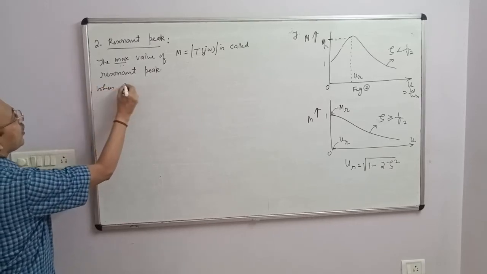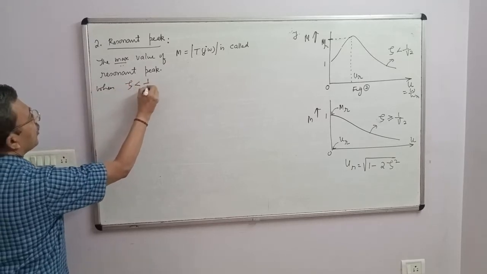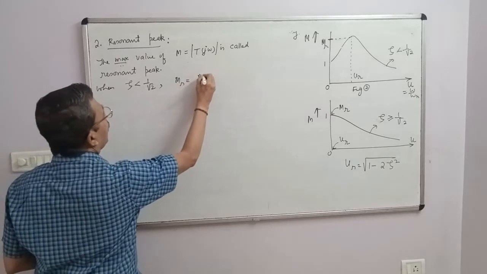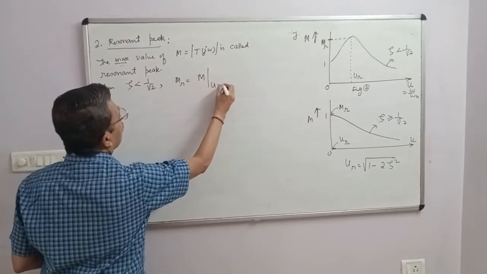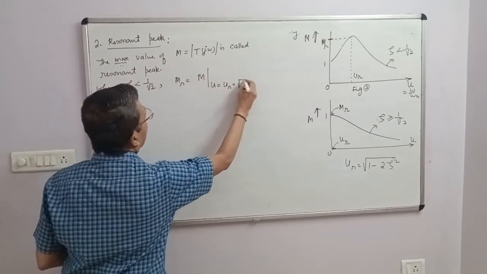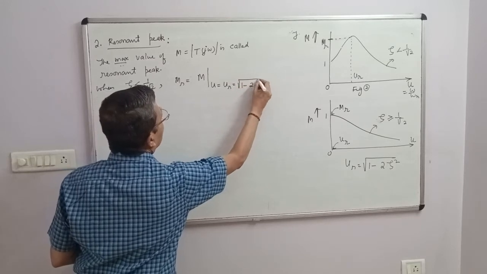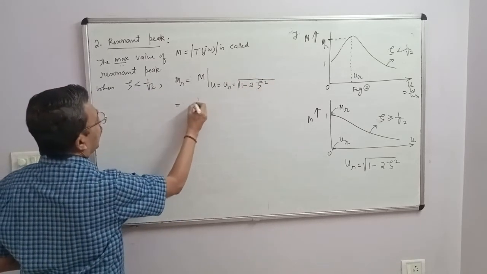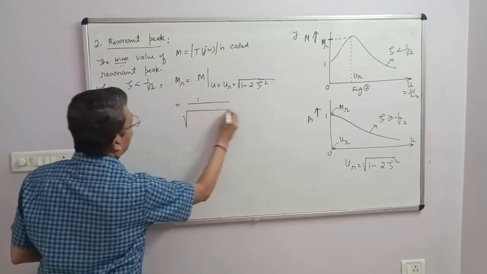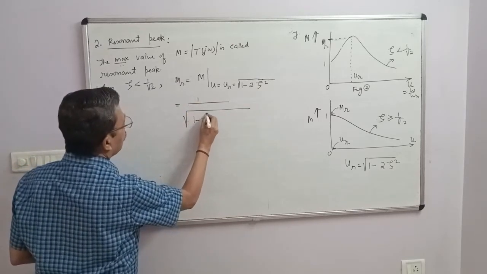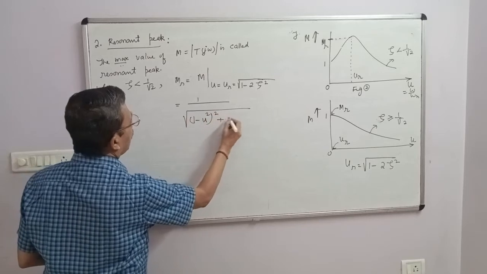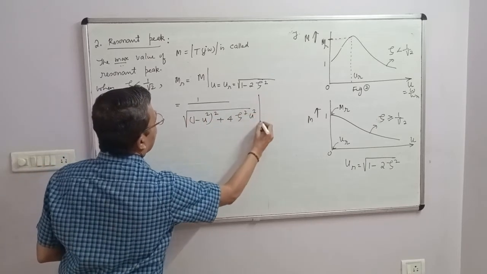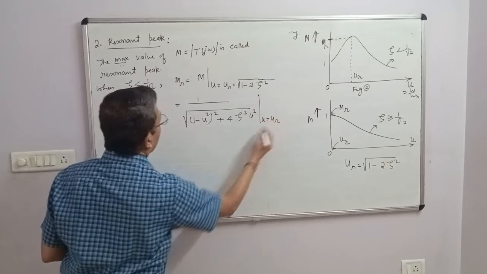When zeta is less than 1 by root 2, Mr is equal to value of m at u is equal to UR is equal to square root of 1 minus 2 zeta square. What is the expression for m? 1 over square root of (1 minus u square whole square plus 4 times zeta square u square) evaluated at u equal to UR.